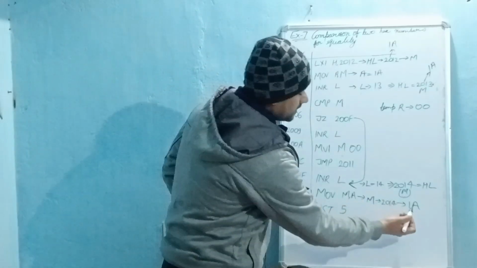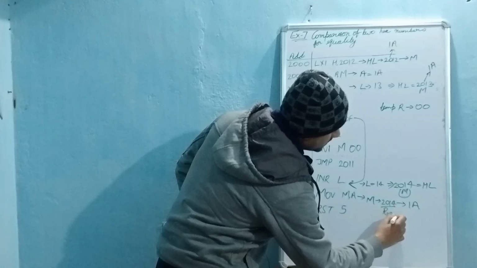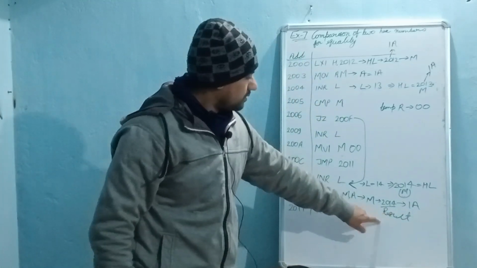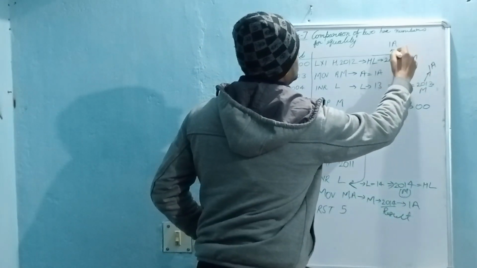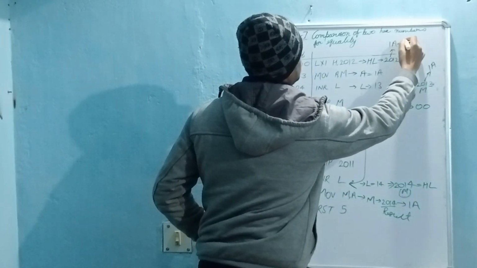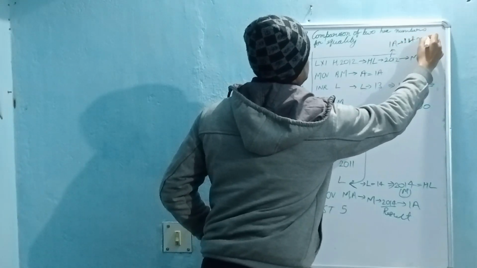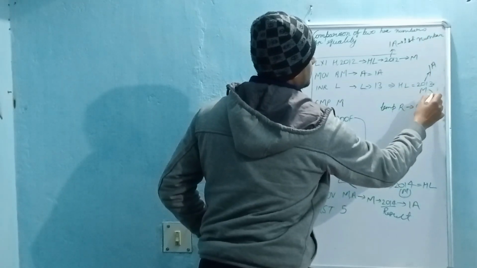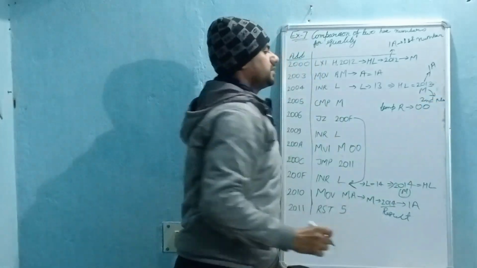So here given 1A, this is the result. This is the result location, and this one is the first number. This is the second number.